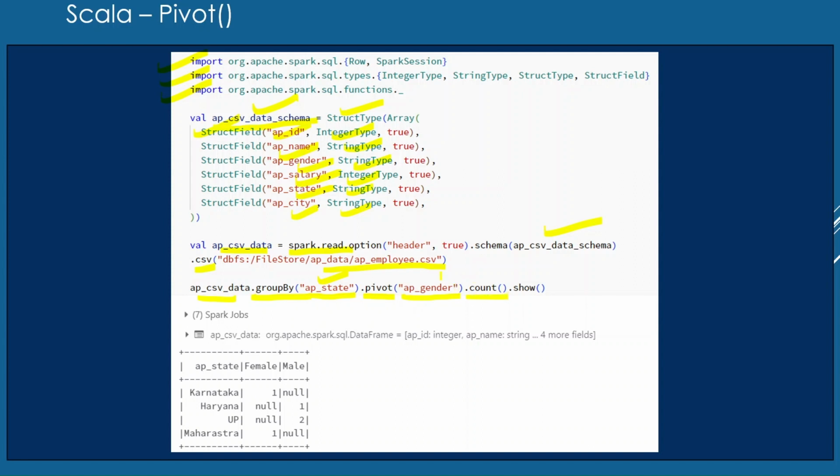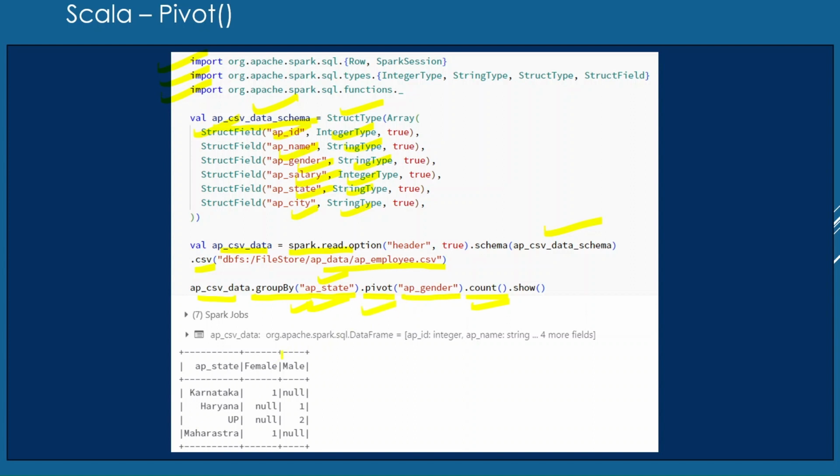So what does it mean? Whatever values are present in the AP gender column will be converted into columns, and for each state, the count of male or female will be visible as the value. The male and female columns get created with the help of this pivot function.